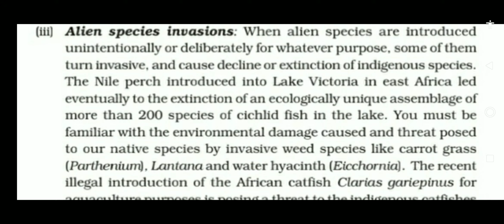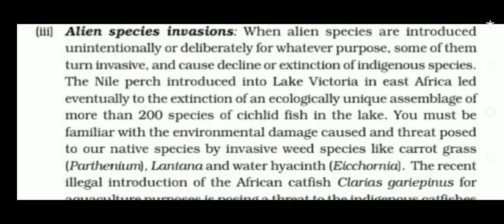This alien species invasion may be introduced unintentionally or deliberately for whatever purpose. So when foreign, alien species are introduced in the habitat and they attack it, what happens? The native species go extinct.